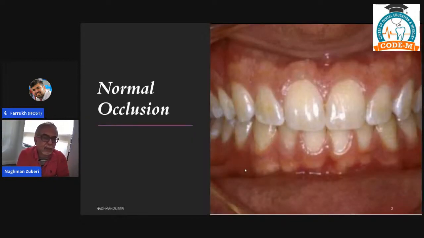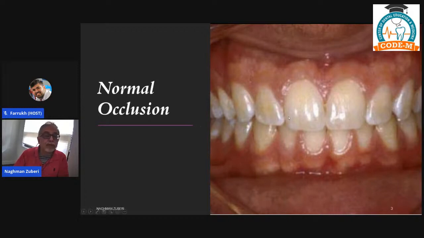When we look at the normal occlusion, class 1 molar relationship, class 1 canine relationship, class 1 incisal relationship with appropriate overjet and overbite, upper teeth overlapping the lower teeth at least 33% or so. When this person is having a normal bite, normal occlusion, canine guided, it is called mutually protected occlusion.